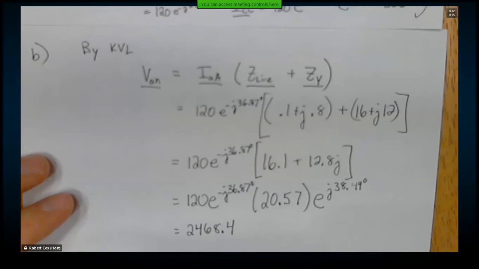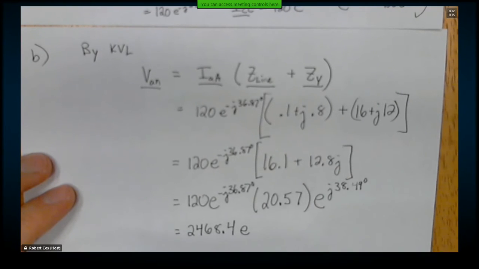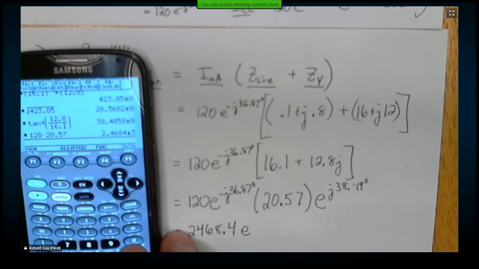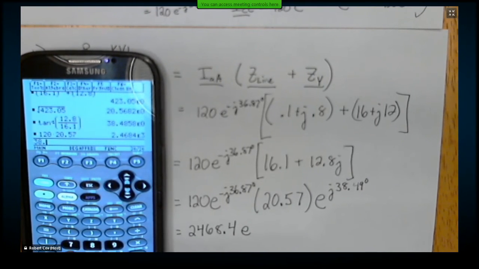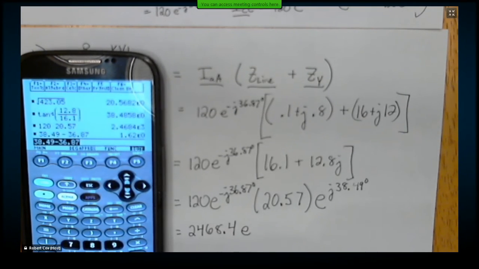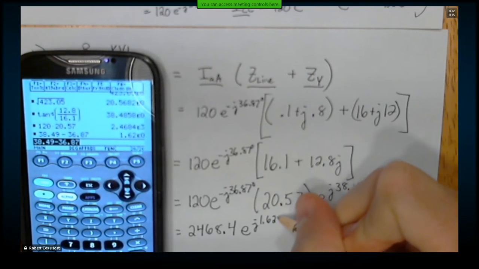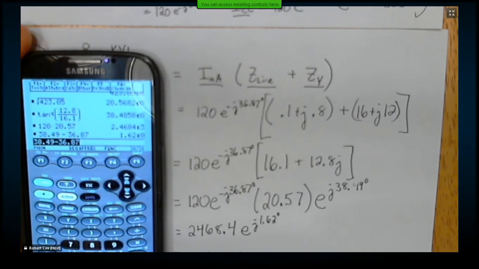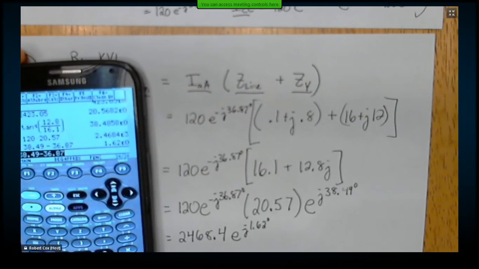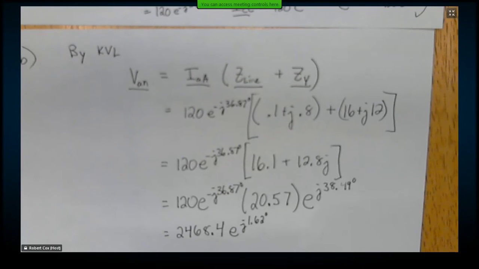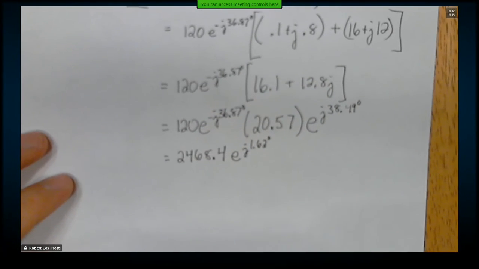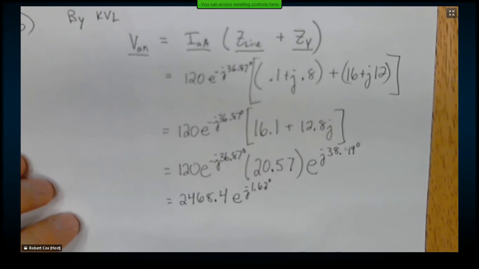For the angles I just add, so I get 38.49 minus 36.87, and that becomes 1.62 degrees. Now, what have I found? I have found VAN.